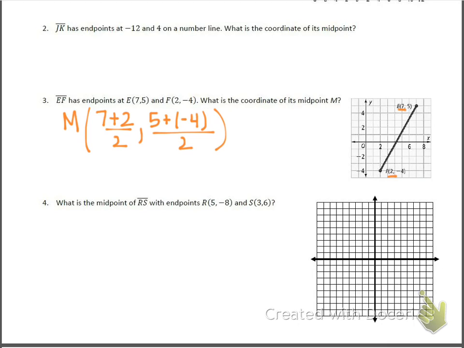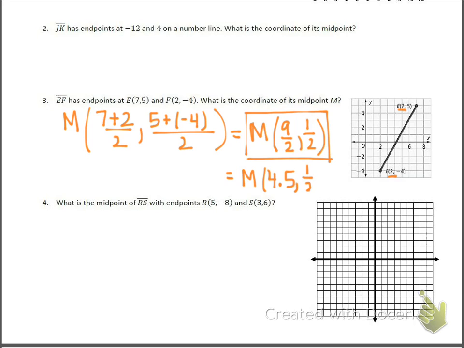So my midpoint is at 7 plus 2 is 9. So at the point 9 over 2. And 5 plus negative 4 is 1 over 2. So we're at the point 9 over 2 and 1/2. You could also write this, 9 over 2 is 4.5.